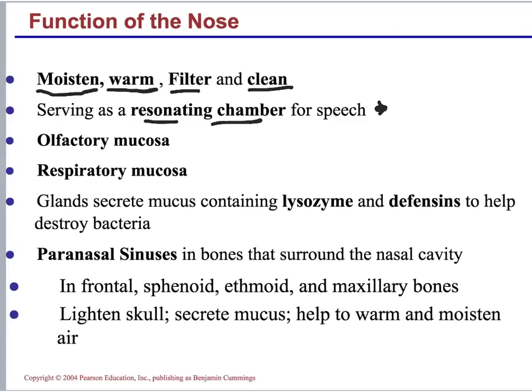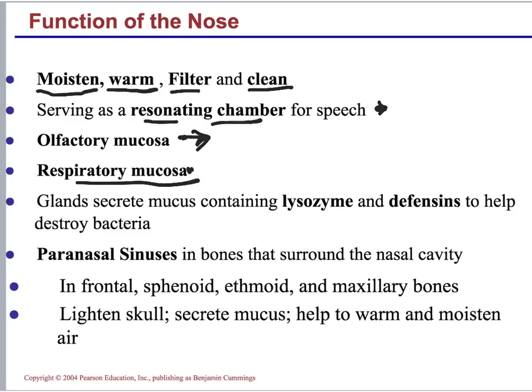So in the nasal cavity, there are two different types of tissues that line it. The majority of it is what's called the respiratory mucosa, which has the mucus cells and the serous cells. The olfactory mucosa is part of the nose, especially in the roof of the nasal cavity, where we have the sensory cells, the olfactory cells, which are for the sense of smell.